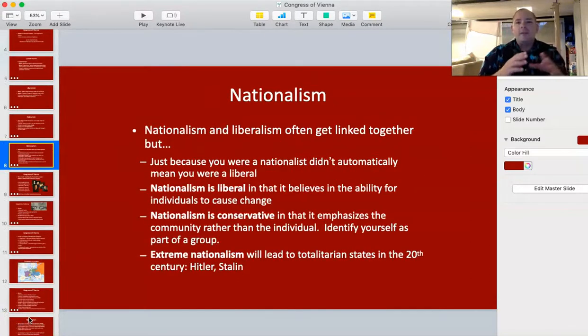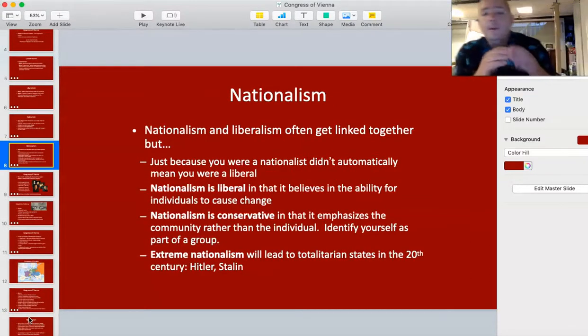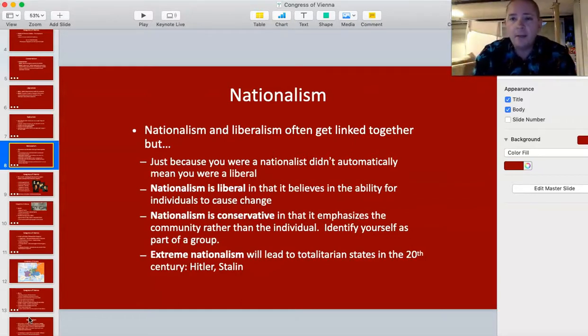One of the big things that happens in the Congress of Vienna is a rise of nationalism. What happens here is sort of two things. Nationalism gets broken apart here, but I want to focus first on the conservative aspect of this.